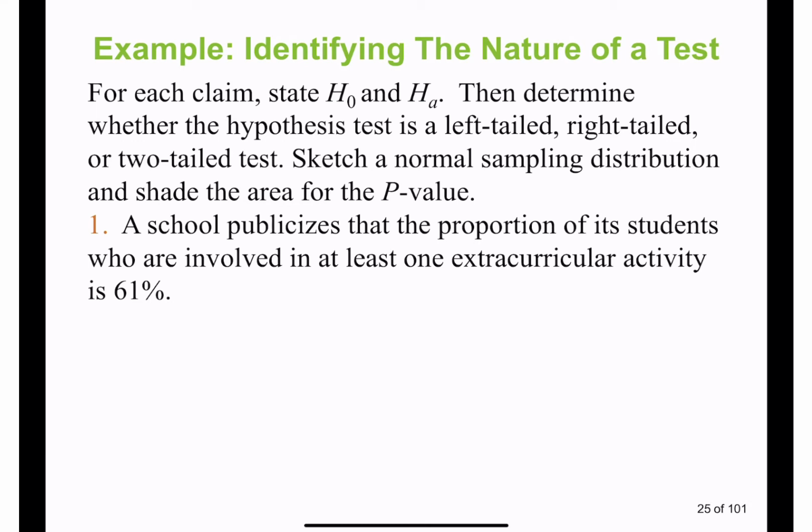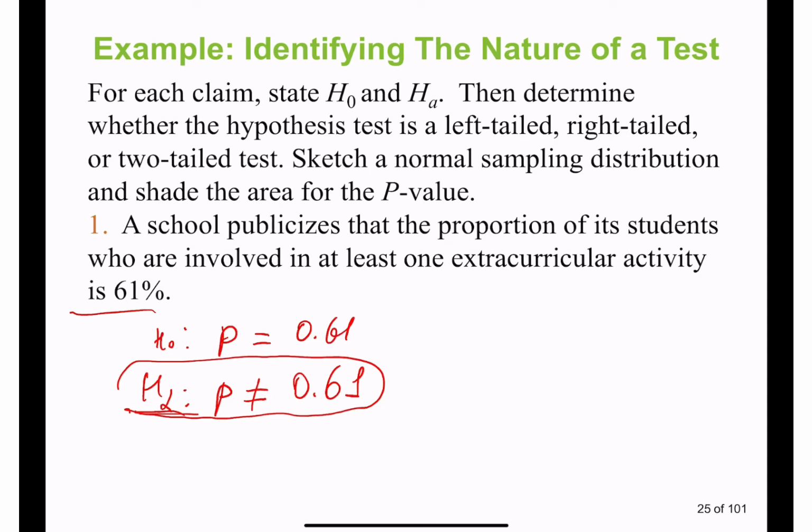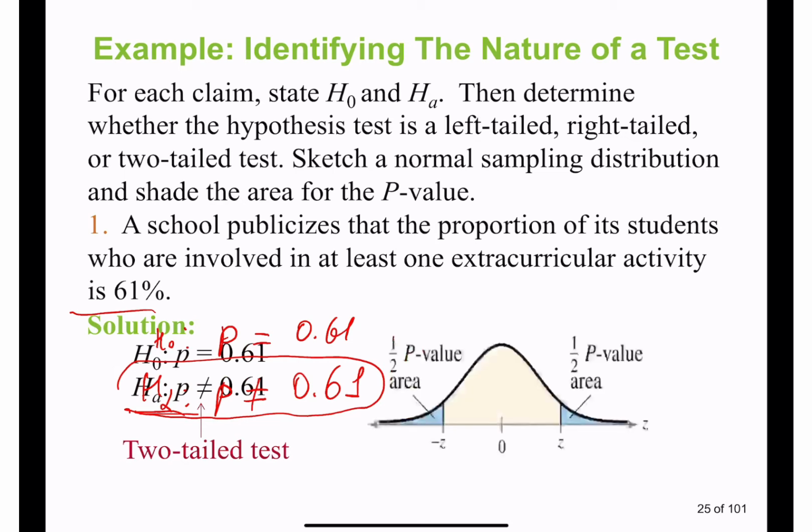A school publicizes that the proportion of its students who are involved in at least one extracurricular activity is 0.61. So if the null hypothesis is that the proportion is 0.61, then the alternative will be not equal to 0.61, yes? Because the alternative is not equal, that means we have a two-tail test, correct? If the p-value is for both areas, then 1/2 of p goes to each area.